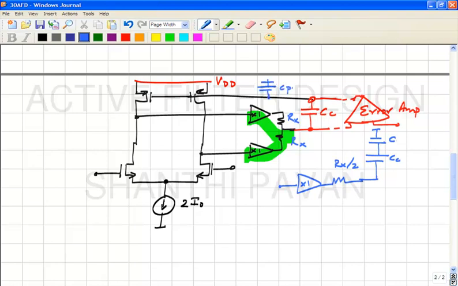Cp1. If Cc is much larger than Cp1, which one would tend to do, right, then what is the pole due to this RC network? Rx by 2 times Cp1, correct.